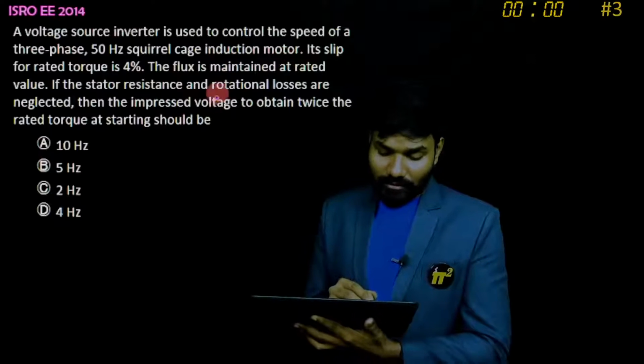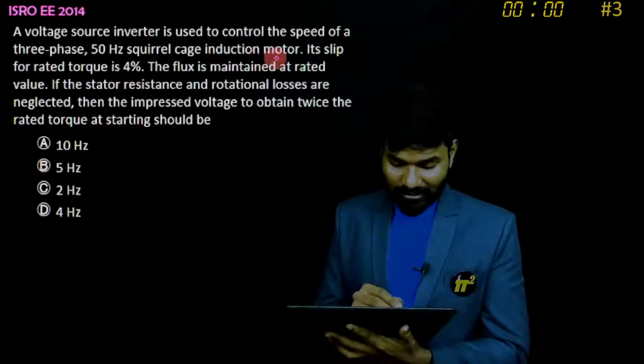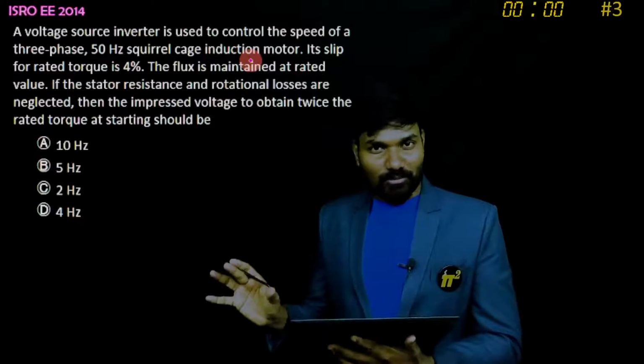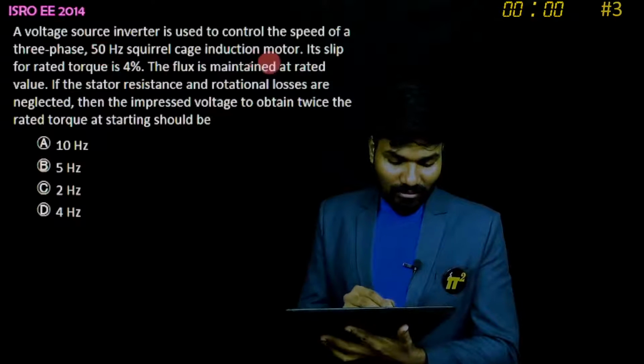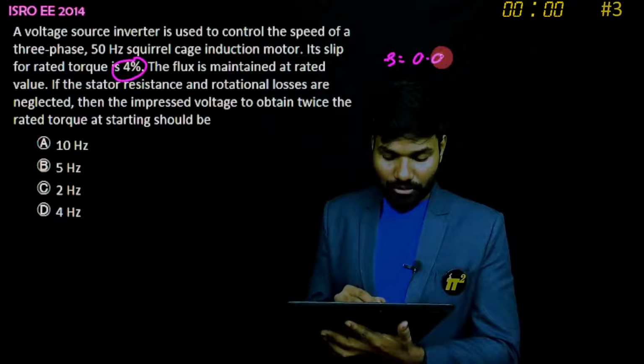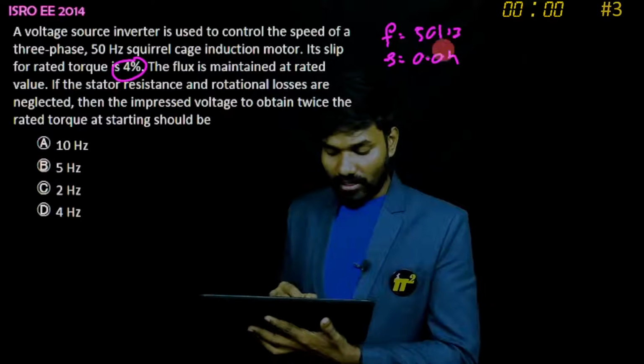Don't get afraid of the lengthy question, because it only says VSI is used for speed control. It is 50 Hertz, and the slip value is 0.04. That's the only information given so far.